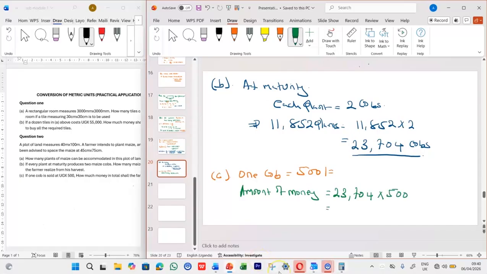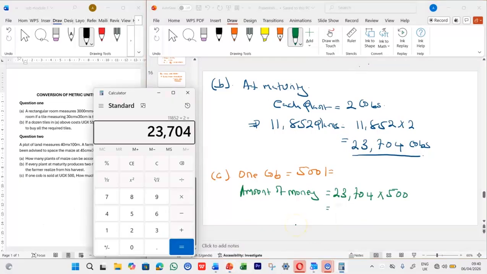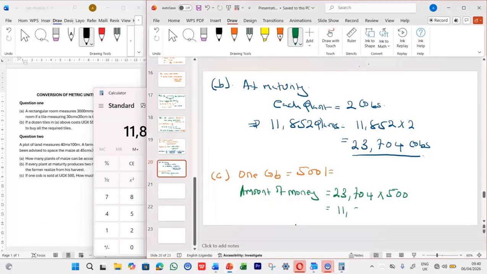You'll get that times 500, which is 11,852,000 shillings. Very interesting. Don't you want to try farming? Yes, this is practical.